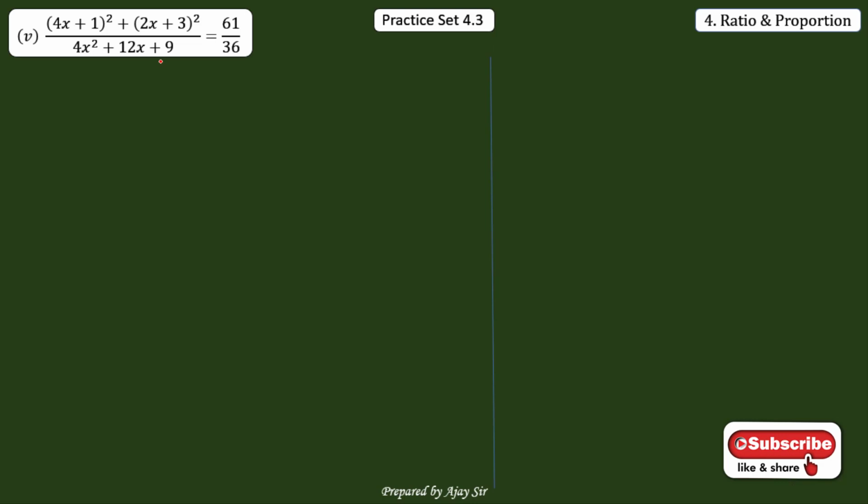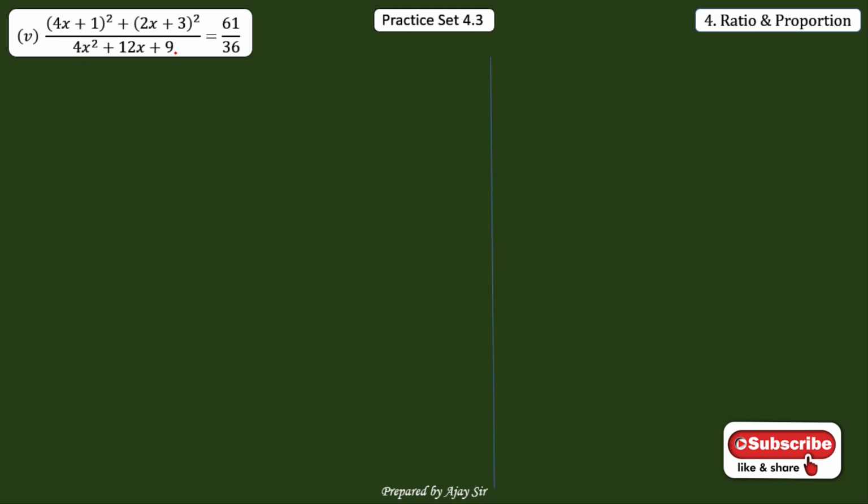In this question, this is a numerator and this is a denominator. Observe carefully. There is no common term or similar term here, but if you expand this term, that is the square of 2x, that is 4x square, and the square of 3, that is 9.